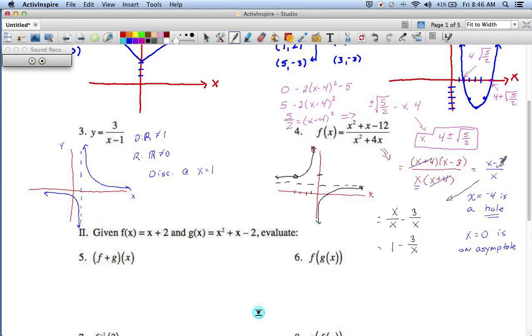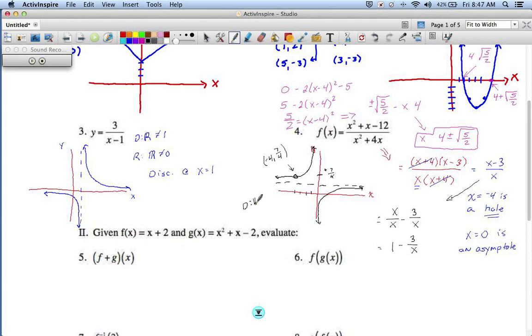Okay, and I'm going to plug it in up here actually. Negative 4 minus 3 is negative 7 over negative 4. So actually it's at positive 7/4 then. Okay, so x equals negative 4 is a hole, and that coordinate is really negative 4, comma 7/4.